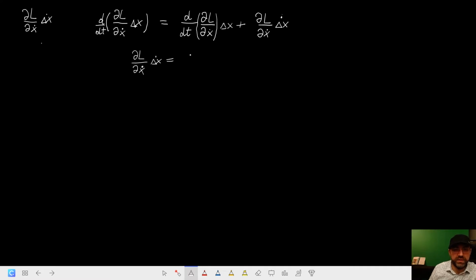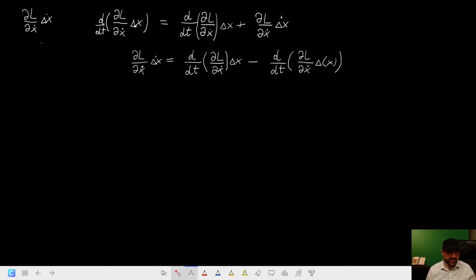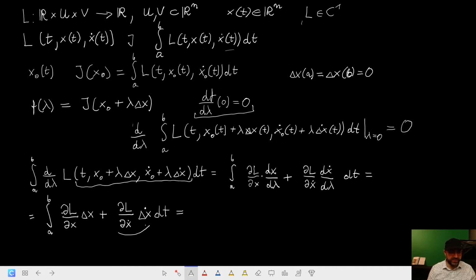Is equal to minus t. Okay. And now we can go back to our integral.